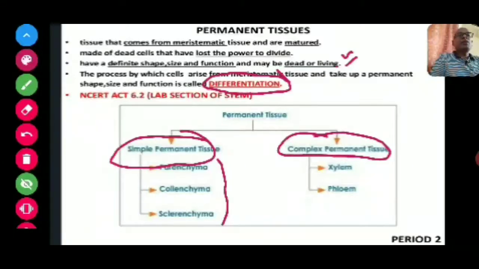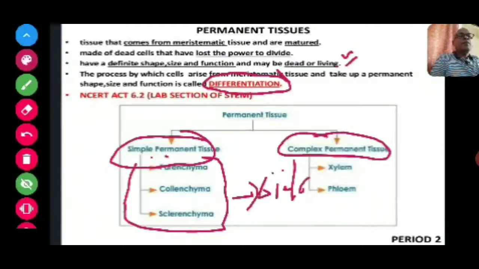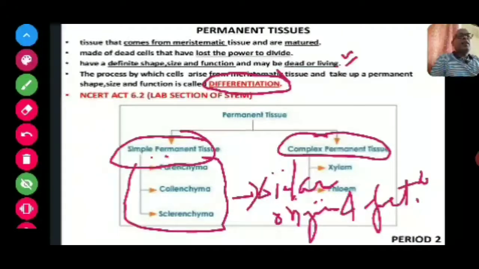Simple permanent tissues are called simple because they are composed of similar type of cells which have common origin and function. They are further grouped into three categories: parenchyma, collenchyma and sclerenchyma.